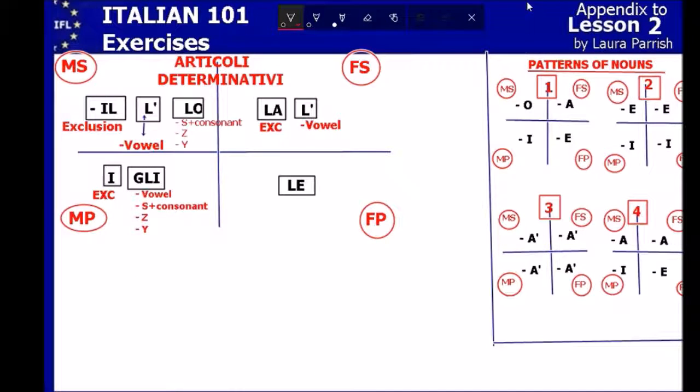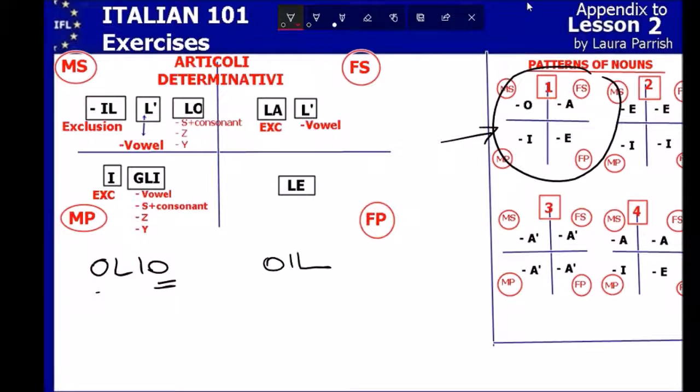A couple more. Let's say something with a vowel. I cannot think of anything. Oh, okay. Olio. Olio is oil, like olive oil. Let's see this one. Ending in O, it belongs to one of the most common patterns, this one. So it's masculine singular, so you go in the right corner, this one, and you go: S plus consonant, no; Z, no; Y, no; start with a vowel, yes.